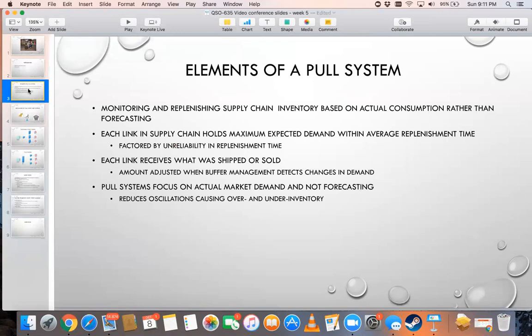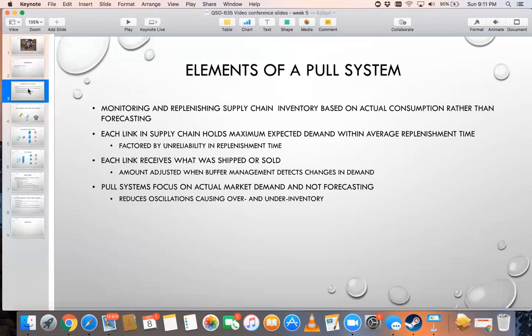Whereas if you use EOQ and your EOQ is like 800, well, now you've got to figure out how that reflects my forecasting. If I consume 1,000 a month, and my optimum is 800, then I'm going to be sending one batch, and now I've got to worry about sending a partial batch to cover the other 200.